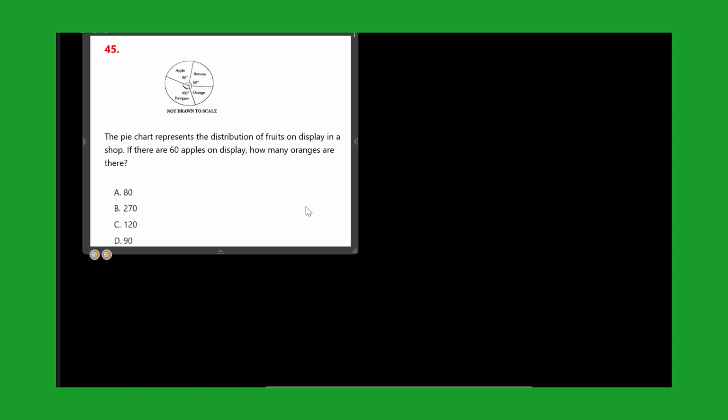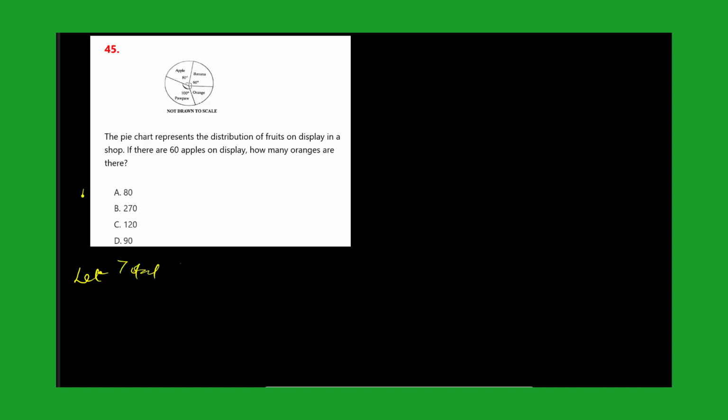Let F be the total fruit on display, and the number of apples on display is given as 60.